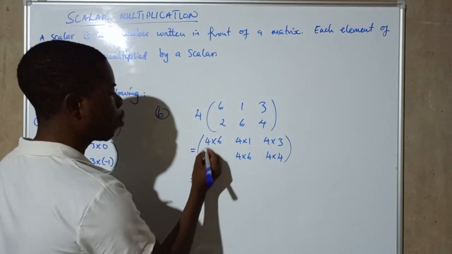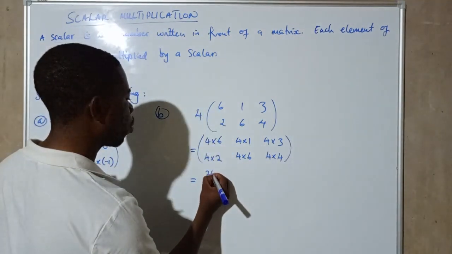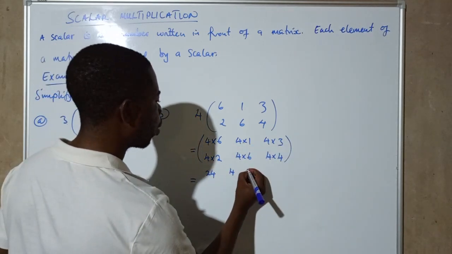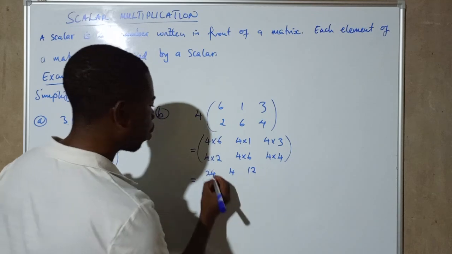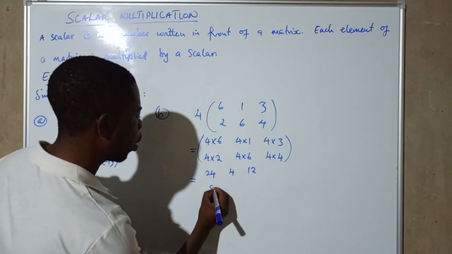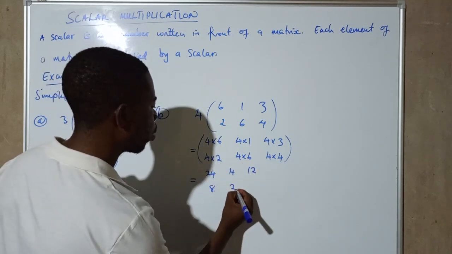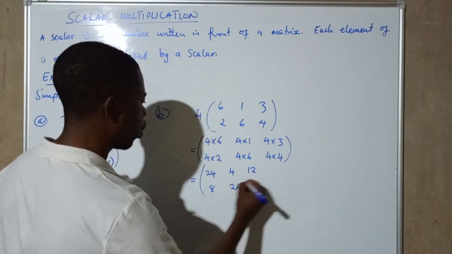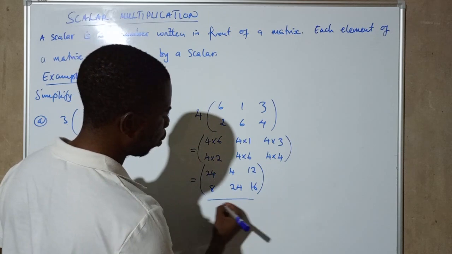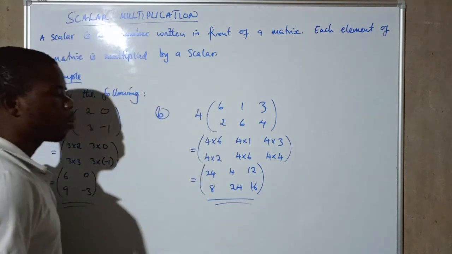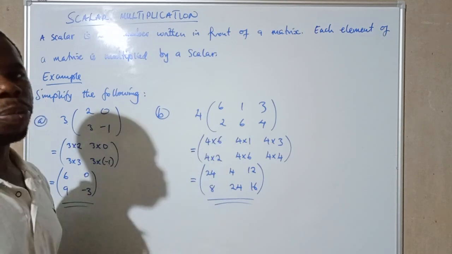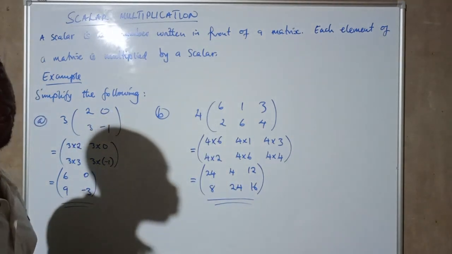Then you say equals 4 times 6, 24. 4 times 1, 4. 4 times 3, that will be 12. Then 4 times 2, that will be 8. 4 times 6, 24. And 4 times 4, 16. So you end up having an answer like this. So this is simpler. This has made this one simple according to mathematics.